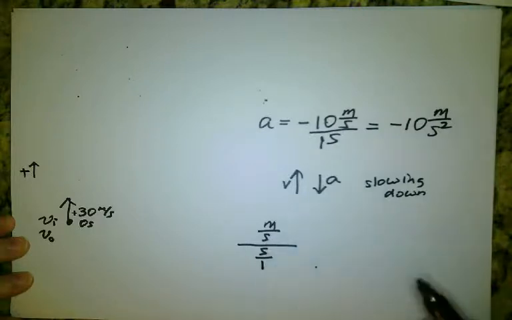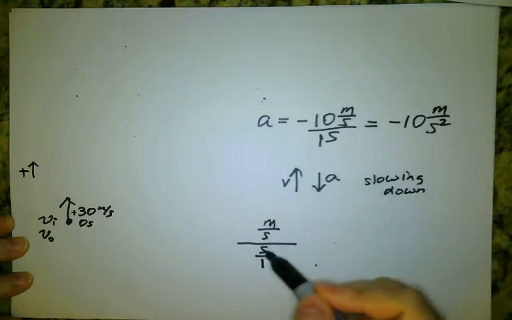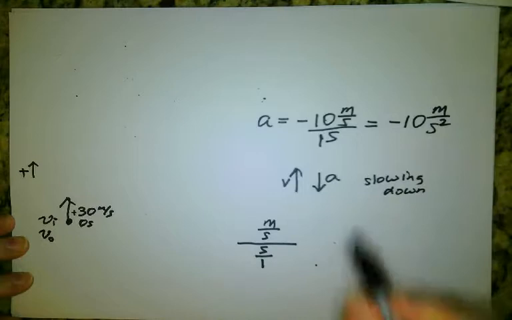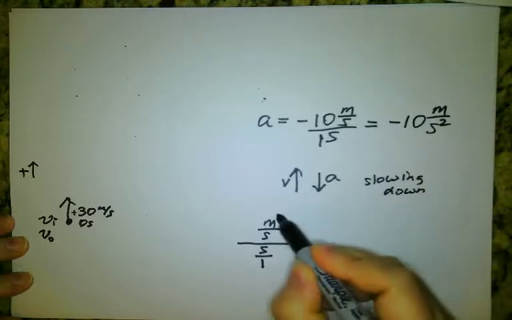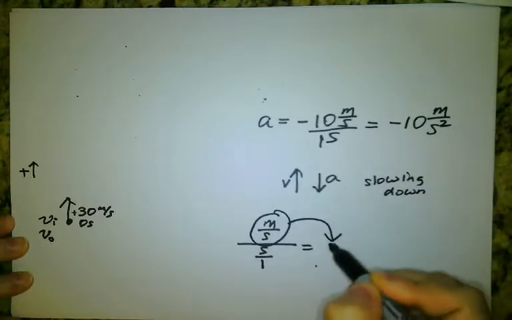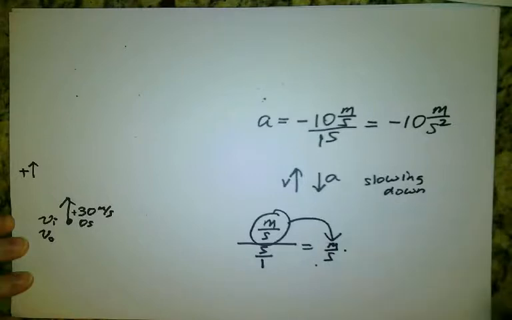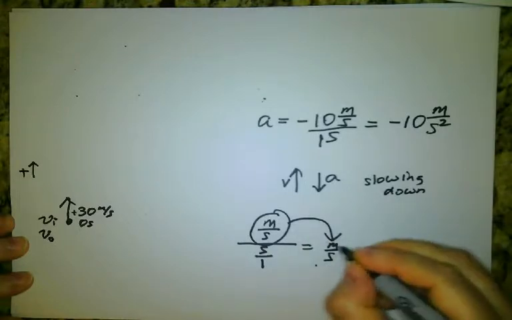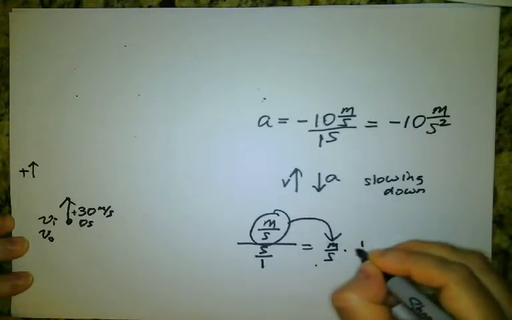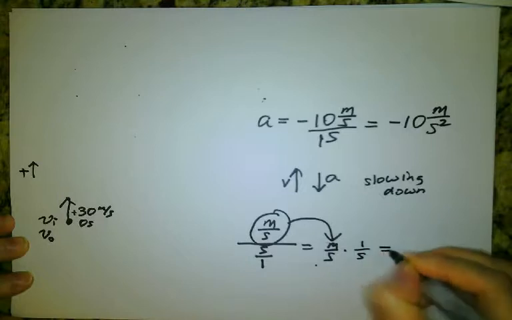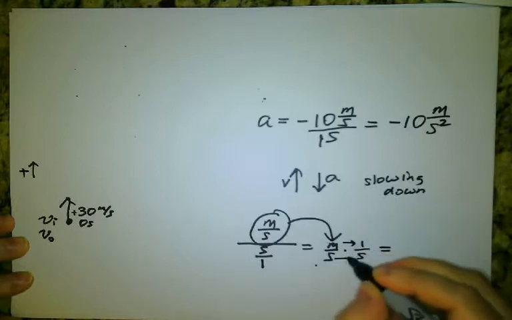So when you divide fractions, you take the top, you just move it here. And then you take the bottom and you take the inverse of it and multiply it by the top. So it's 1 over second. And lo and behold, you multiply the tops, meters over second times 1 over second makes second squared. Ta-da! There's your units for acceleration.